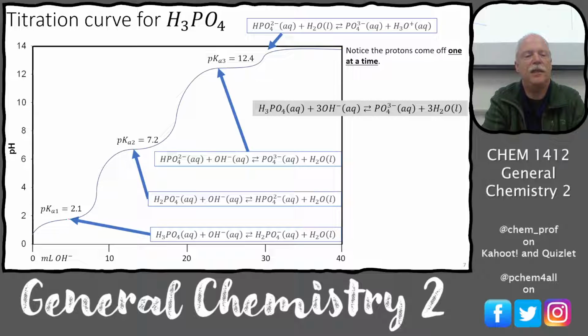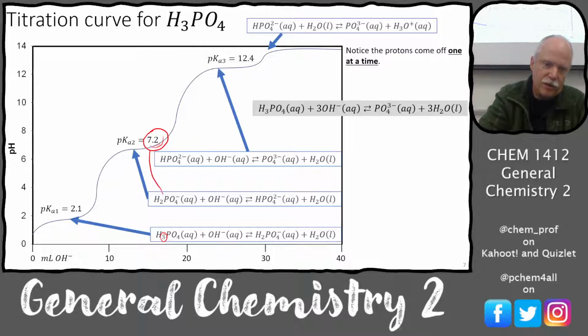And we don't see a lot of change in pH as we're adding base until we start to run out of the 3-proton version of phosphoric acid. Once we run out of that version, we get a huge jump, and now we're working on the pKa for this reaction. So the pKa, the 7.2, is related to this acid right here.